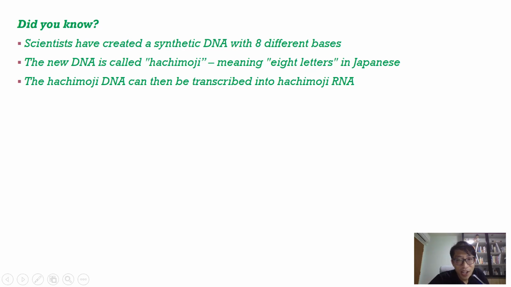It can be transcribed into mRNA. But it's in the lab, of course, because these are synthetic DNA. So the normal enzymes in our cells don't recognize this new DNA. But in the lab it can be transcribed into RNA that also has 8 different bases.